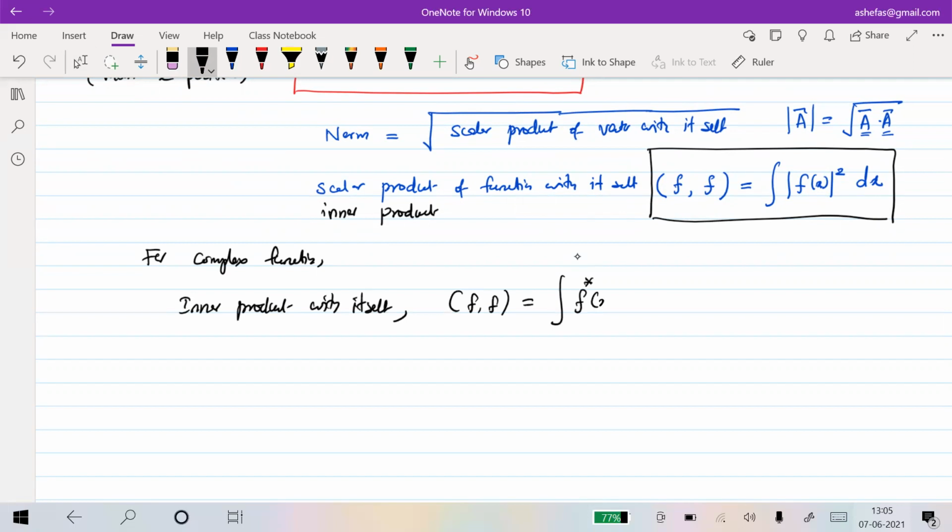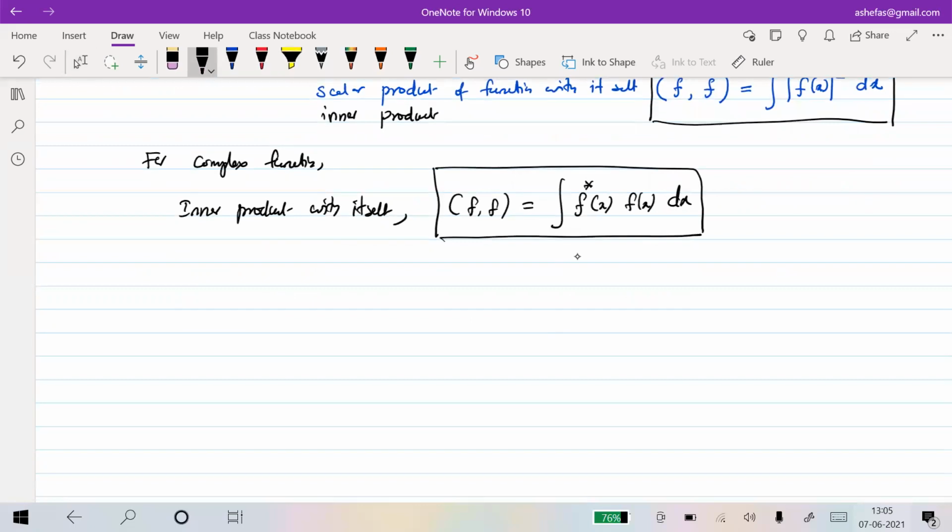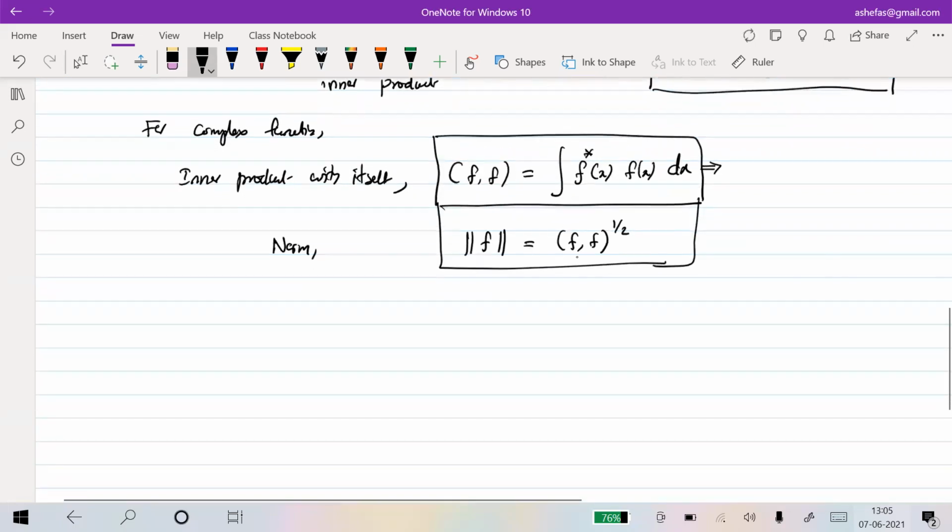So mod f squared we can write as f star of x, f of x dx. And the norm is the scalar product all raised to 1 by 2. This inner product has great use for us. It is not only used to define the norm of the function, it is also required for many other things.